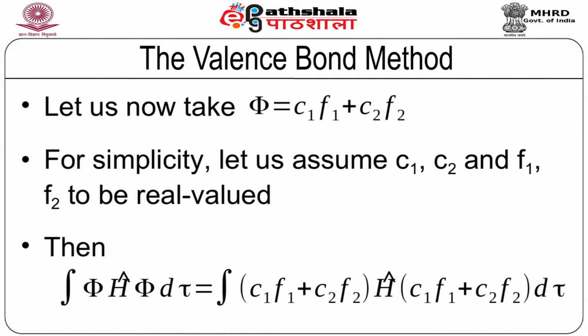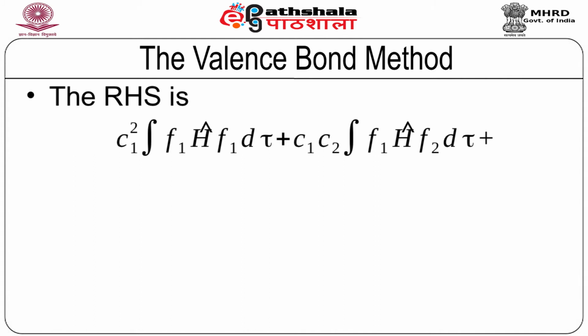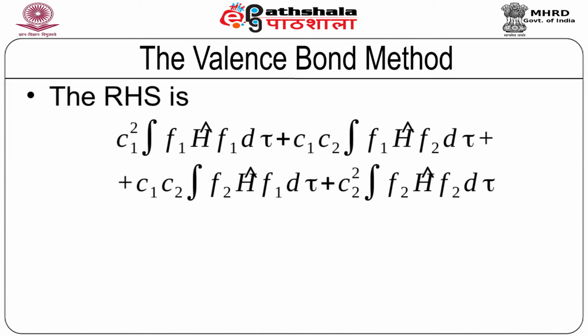Then the integral of phi h phi d tau equals the integral of C1 F1 plus C2 F2, h, C1 F1 plus C2 F2, d tau, and that is equal to C1 square integral F1 h F1 d tau plus C1 C2 integral F1 h F2 d tau plus C1 C2 integral F2 h F1 d tau plus C2 square integral F2 h F2 d tau.